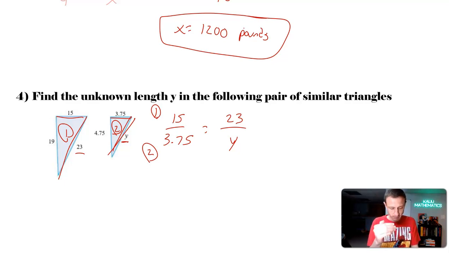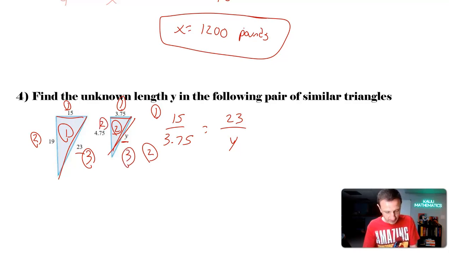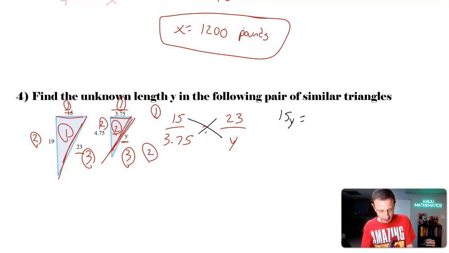If I number them off by side, 1, 2, 3, I did side 1 over 1 and 3 over 3. I kept them proportionate, using their equivalent sides. Then we get this proportion, and we solve it: 15y equals 3.75 times 23, which is 86.25.